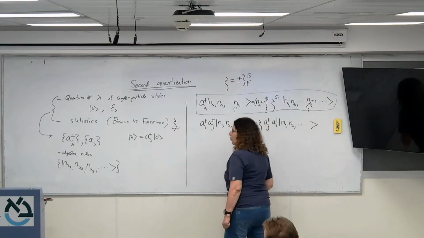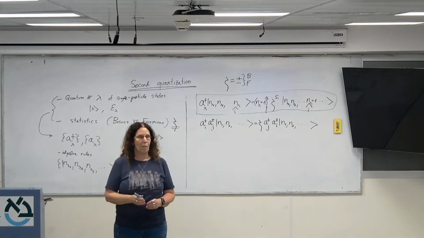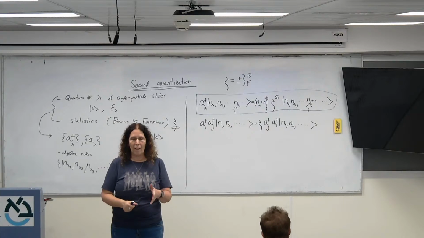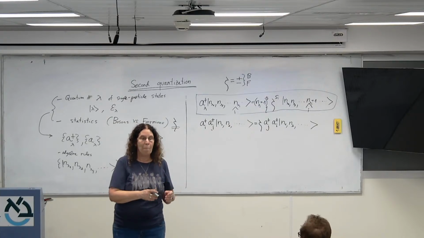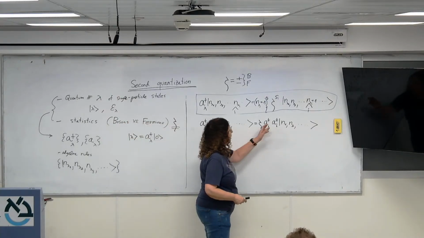In other words, if you take any basis state and try to create a particle on site I, and then a particle on J, it's not the same as first creating I and then J.